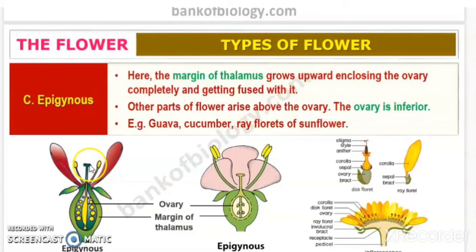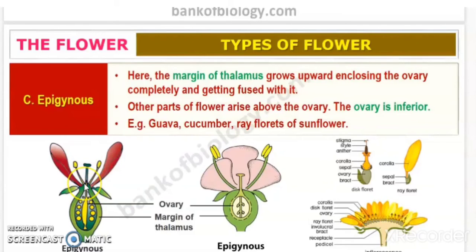And this will enclose the ovary portion. You can see the other parts like stigma and style are outside, but the ovary portion alone, it is completely enclosed by the thalamus. Okay, and they get fused with it, which means that the thalamus will fuse with the ovary. Okay, so it is completely enclosed and it fuses with it. Ovary means I am talking about the gynoecium part completely.